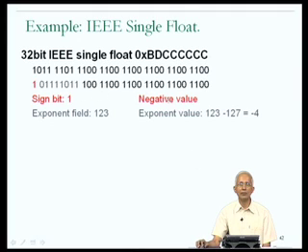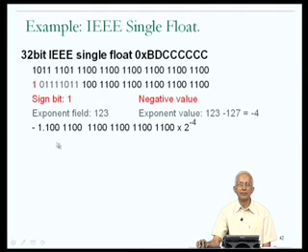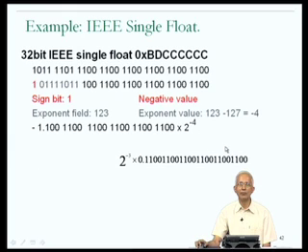I then have to read out the fraction bits. So I put a 1 in front of it. Remember that it's 1 point f. And I interpret the value as minus 1 point, the fraction bits, 100, 1100, etc., multiplied by 2 to the power of minus 4. And if I evaluated it, I would find that it is approximately equal to minus 0.1 decimal.